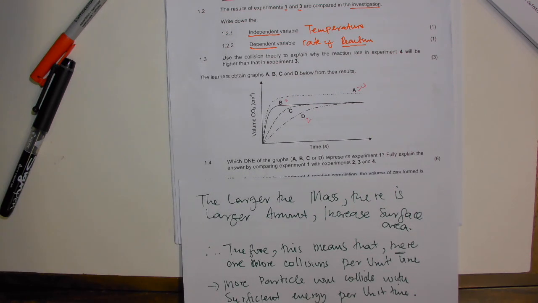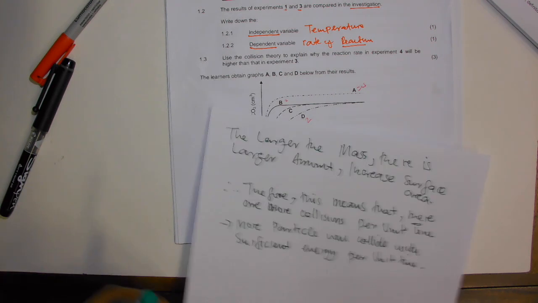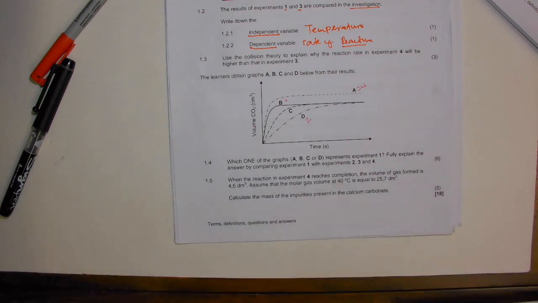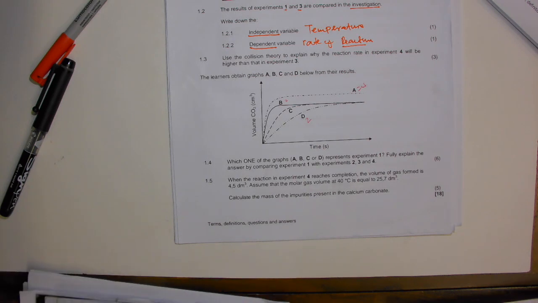What do you guys know about the rate of a reaction with the gradient? The higher the gradient, the faster the rate of the reaction. Let me let you guys try and figure that out for 1 minute. Compare now. Let me let you guys compare experiment 1 and experiment 2 and tell me, what do you guys think?